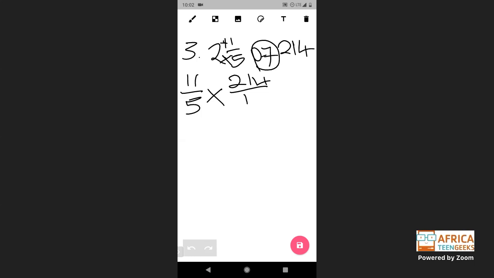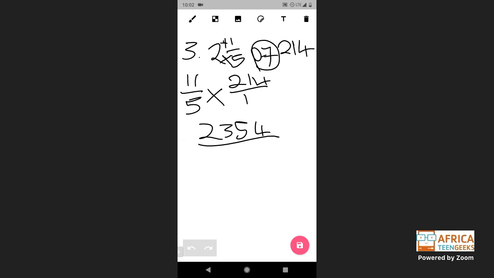So we'll obviously have our 11 multiplied by 214, and that will give us 2,354. And then we'll also multiply our denominators. When we multiply, we multiply denominator by denominator, numerator by numerator.